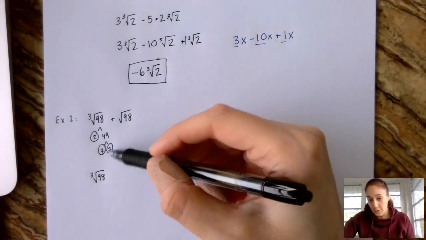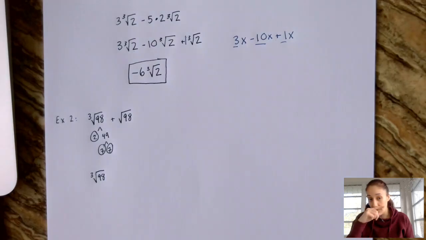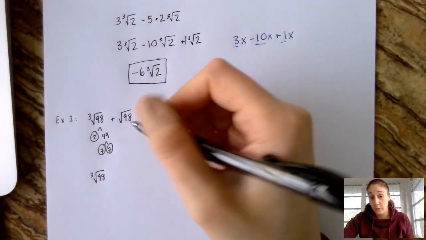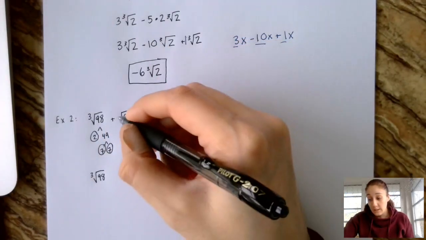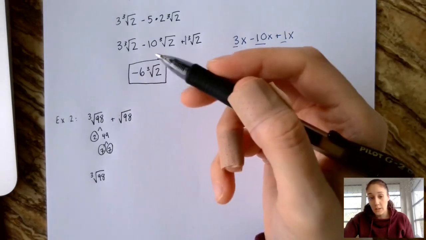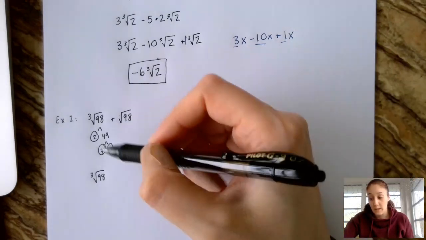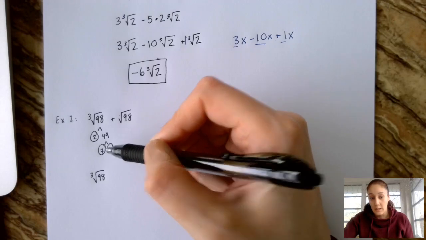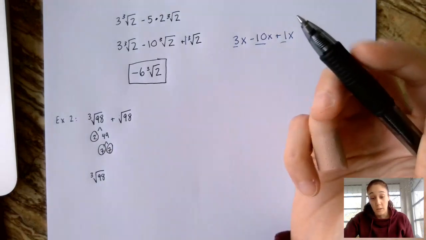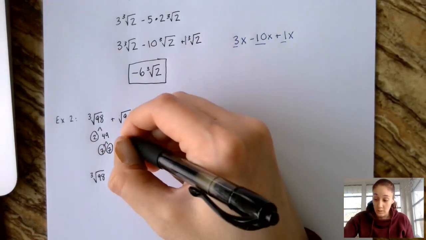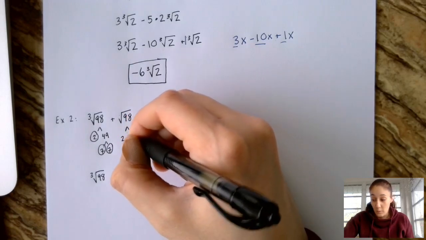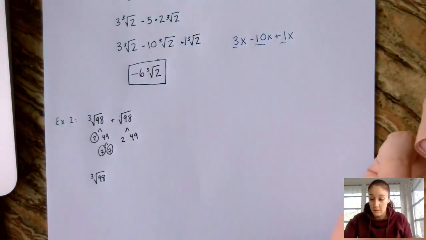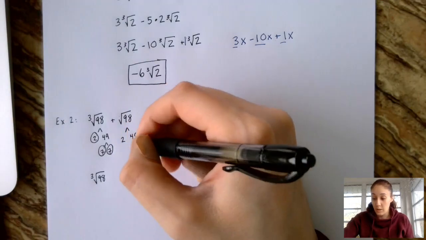But this work was actually pretty helpful because now when I go to simplify the square root of 98, this index is 2, and so I know that I need a pair. I need 2 of the same thing, and I can already see the breakdown of 98, and I know that there are pairs of 7s because this is just 2 times 49, and the square root of 49 is 7. So I could just break it down, right?